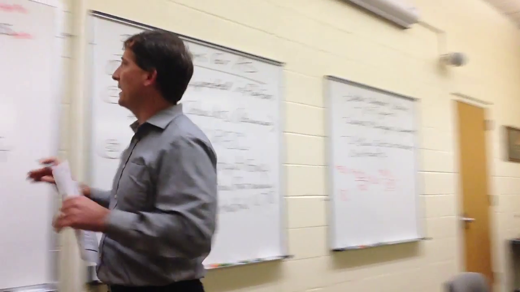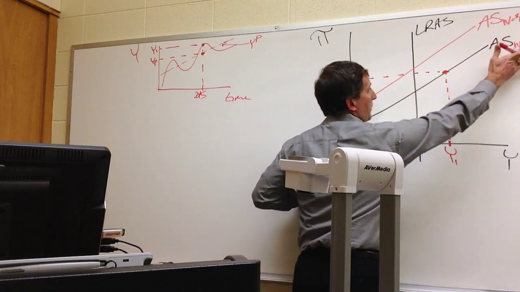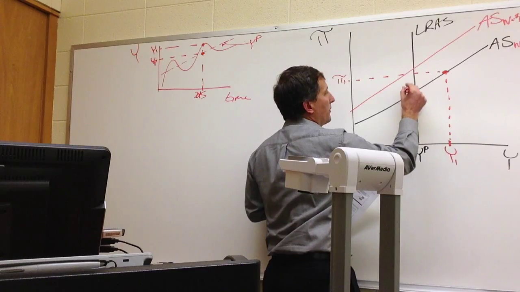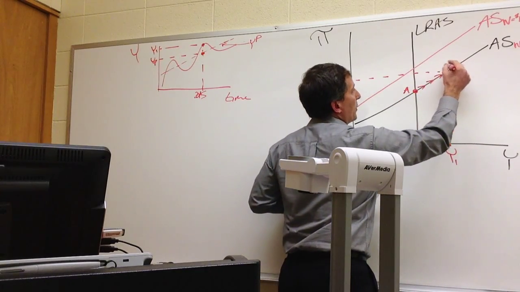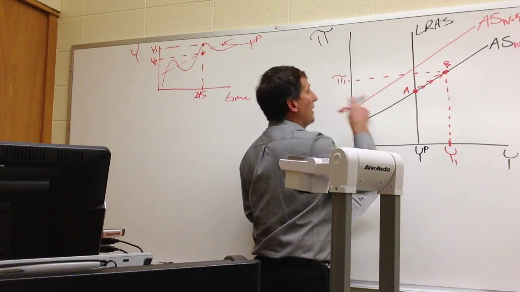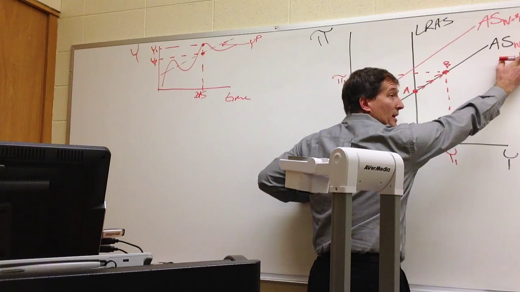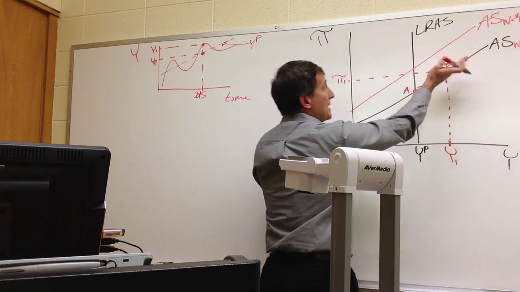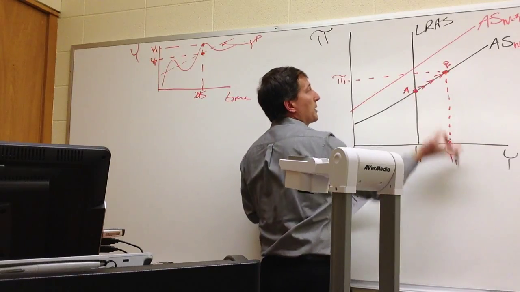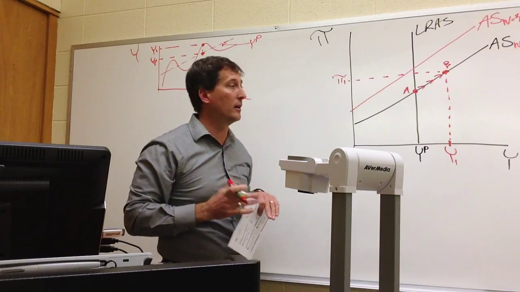The sticky wage theory says that I can move from what I'm doing in the long run up to point B by having the prices on the shelves at Walmart getting higher, but my resource prices are still relatively fixed. Eventually, though, that's not stable, and resource prices are going to start to adjust, and that's when we get a shift up.